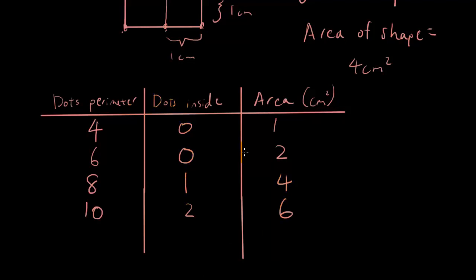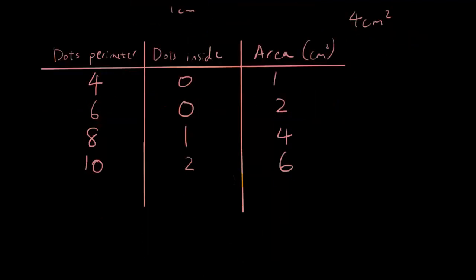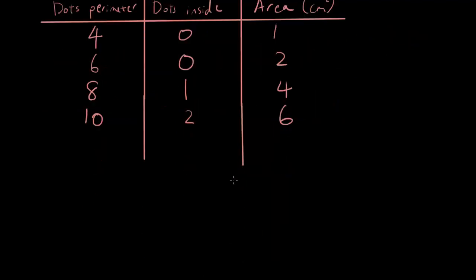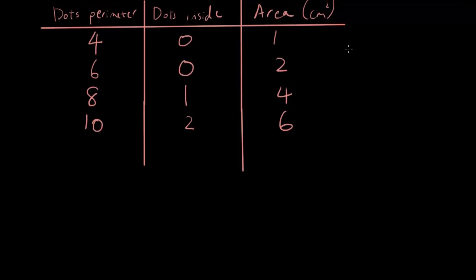So using this information, if I wanted you to come up with a formula that's going to predict the area based on the number of dots on the inside and the number of dots on the perimeter, how would you formulate that equation? Area equals.